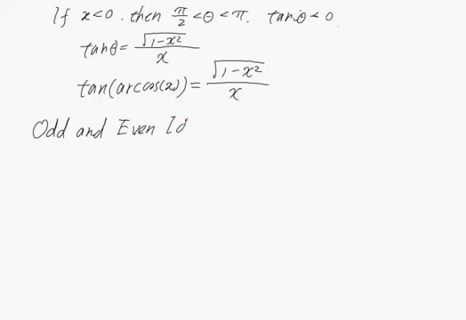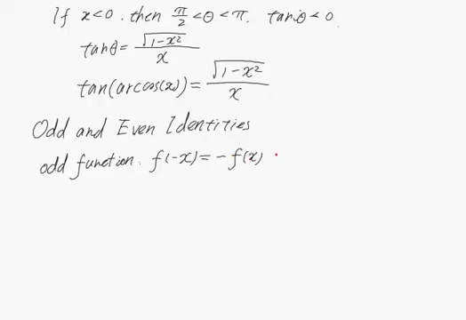We know a function is called an odd function if f of negative x is equal to negative f of x for all x in the domain.